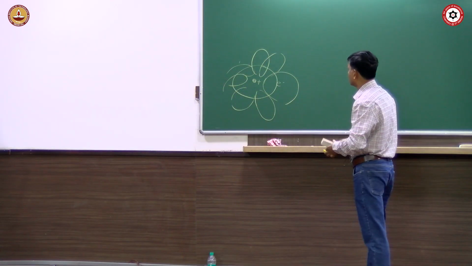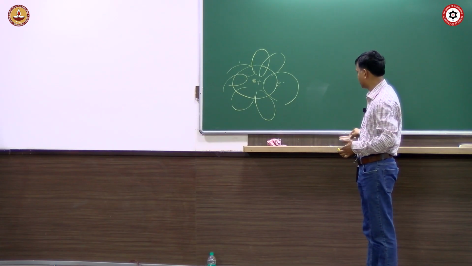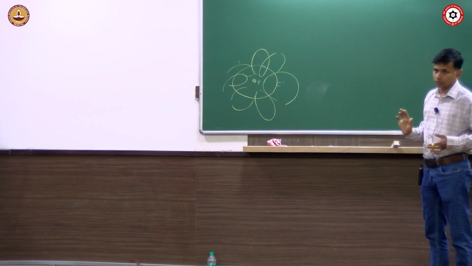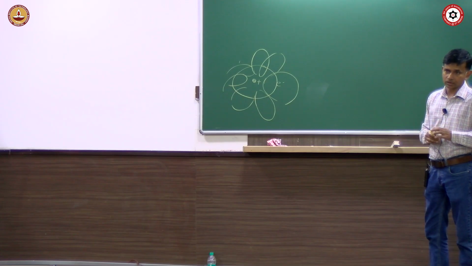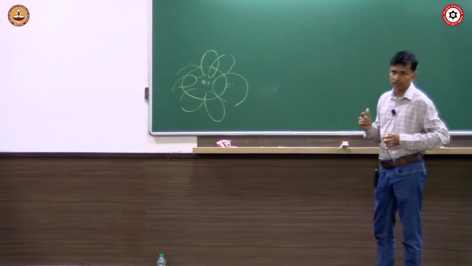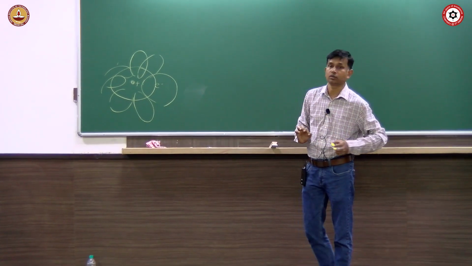Now, the magnetic momentum for a free electron we calculated to be 1.73 Bohr magneton. If you convert to chi T, it will convert to 0.375. This is the value you should remember forever.